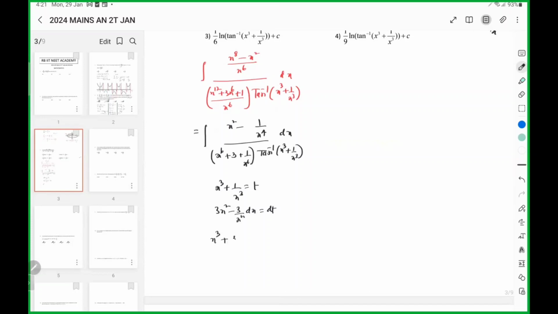This x cube plus 3 plus 1 by x power 6, I can write as x cube plus 1 by x cube whole square plus 1. So you get dt by 3 into t square plus 1 tan inverse t.